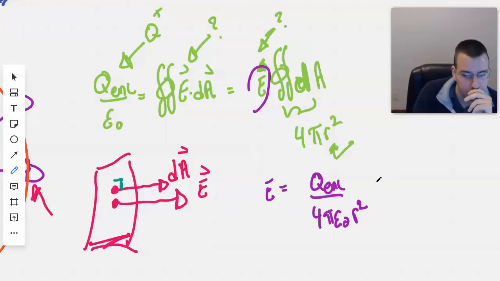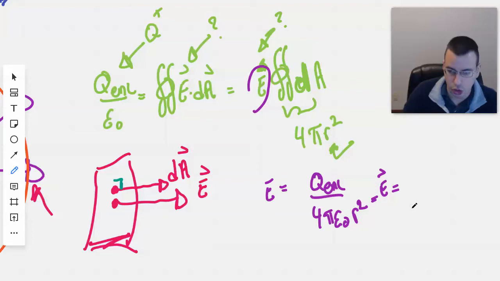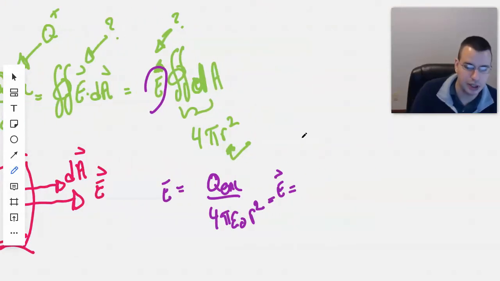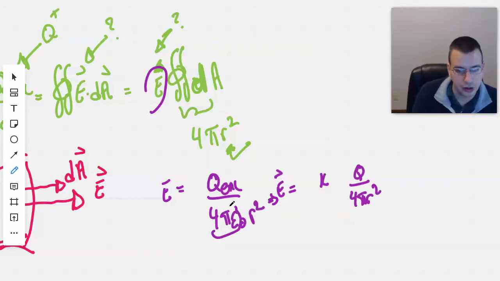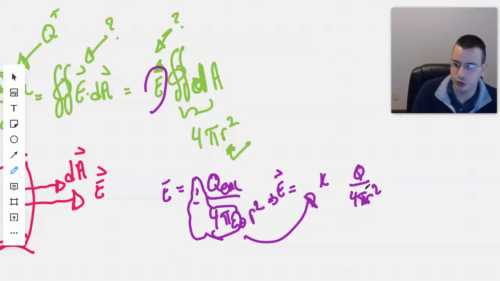That equals the electric field, which we know from Coulomb's law earlier is K times Q over r squared, where K is 1 over 4 pi epsilon naught.